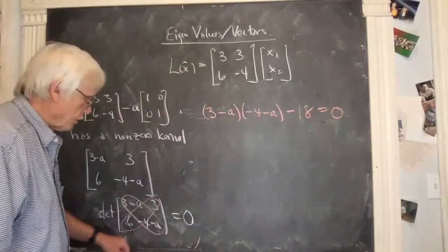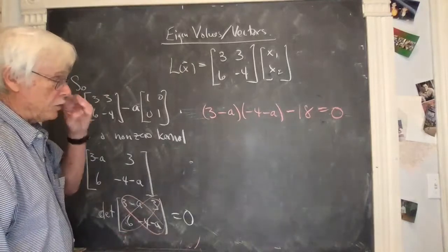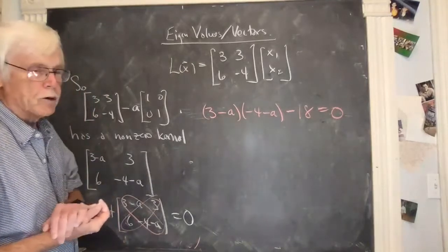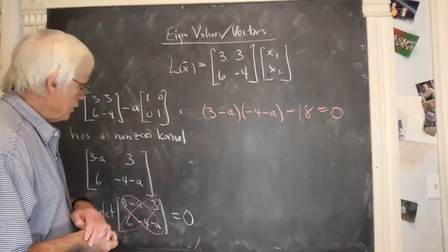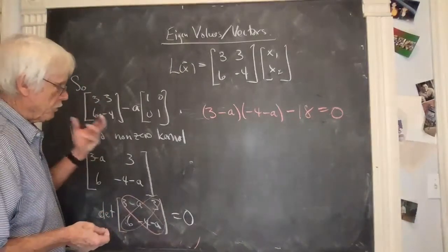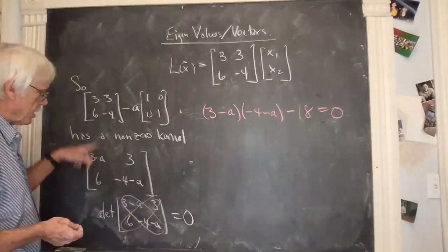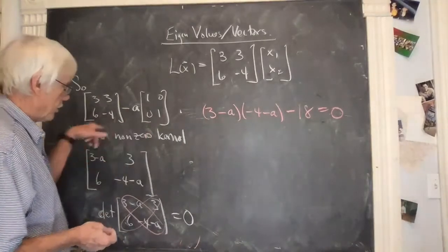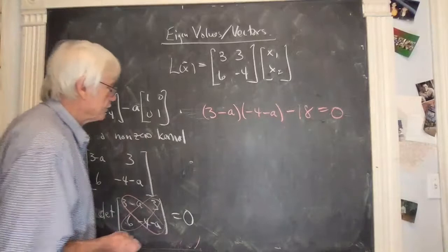Mathematica finds determinants. It solves all this stuff actually, and we'll use Mathematica, but it's good to do it by hand to give you an idea of what you're doing. We want this to be 0 because we want to find the A values for which these columns are linearly dependent, for which there is a non-zero kernel.